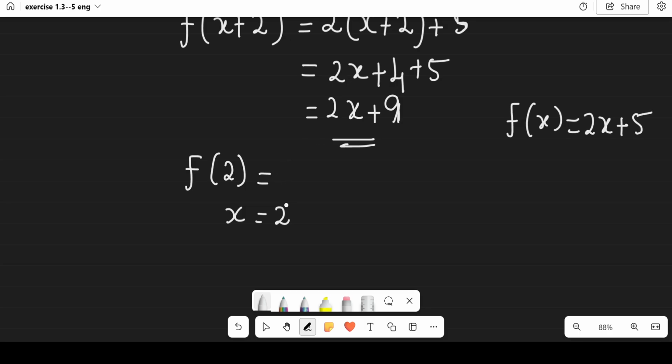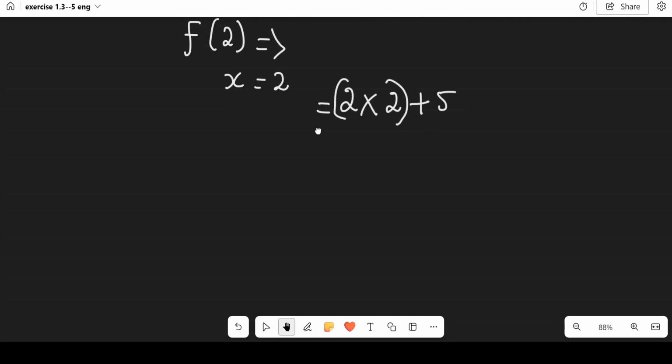So here we need to apply the x value in this formula. So x is 2, right? So 2 into x value, which is 2, plus 5. In this formula only we are applying.